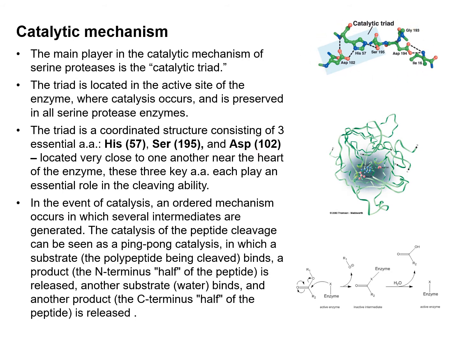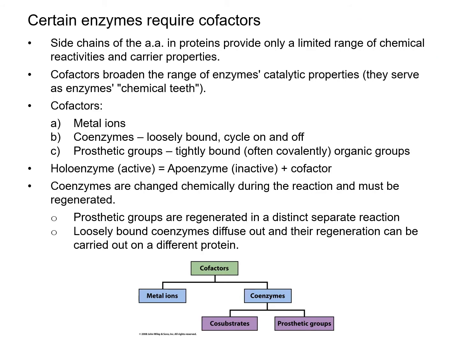And we talked about how they work in the active site and how they are conserved through the serine proteases in terms of their reactions. We also talked about the different kinds of cofactors, such as metal ions, coenzymes, as well as prosthetic groups.